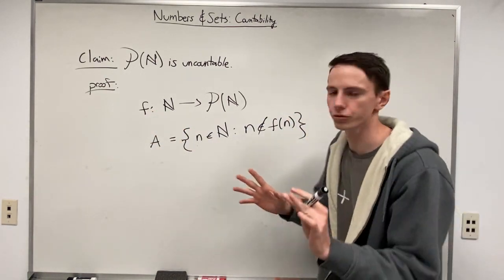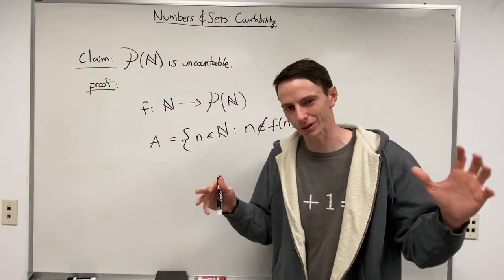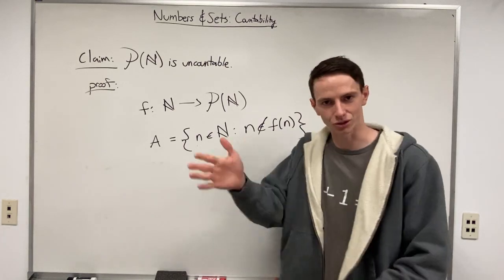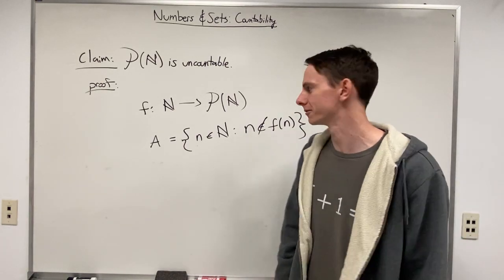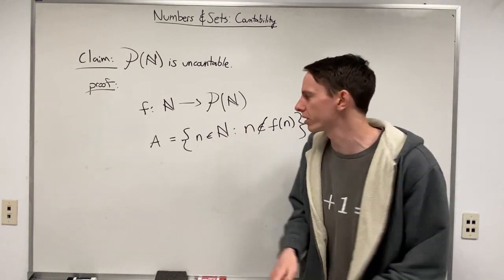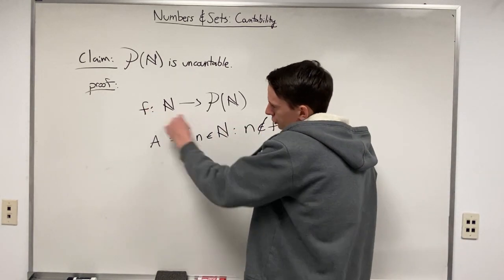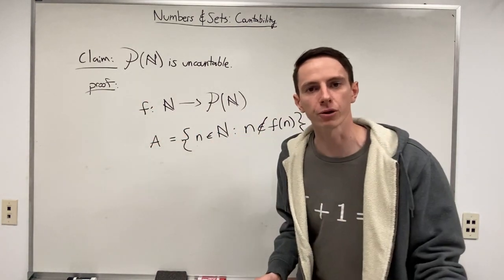Okay, and really take your time to think about that, because it's a short argument, but it can be a little bit dense, because there are a lot of important words just in that statement by itself. But the reason that's important is to show that if there's no surjective function, then it cannot be countable.